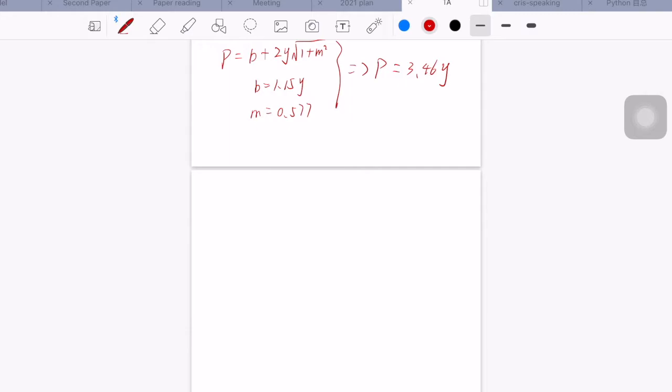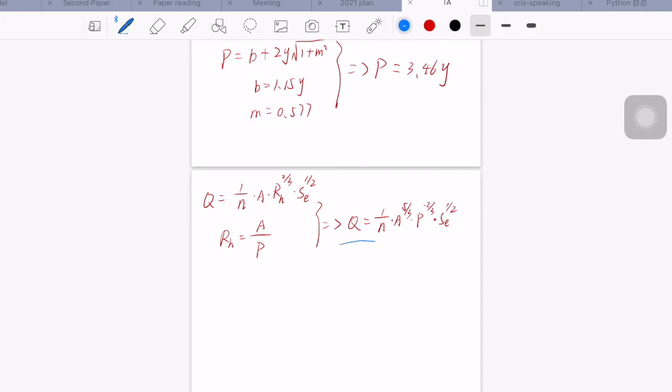And now we will apply the Manning's equation. We know the Q equals 1 over N times A times RH to the power of 2 over 3 times SE to the power of 1 over 2. And we also know that RH equals A over P. So we can get that the Q equals 1 over N times A to the power of 5 over 3 times P to the power of negative 2 over 3 times SE to the power of 1 over 2.